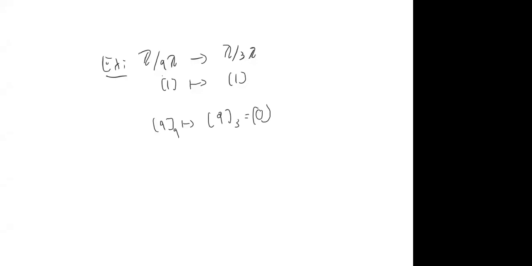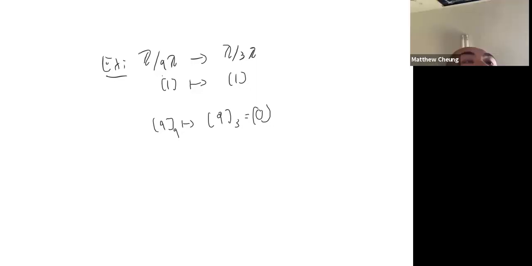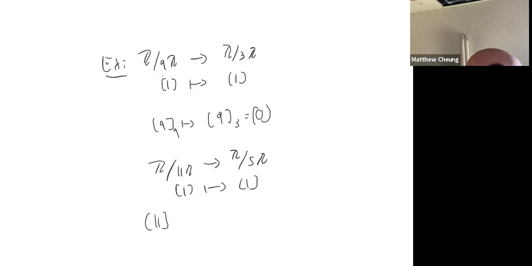Would the general rule then be if it's going from a smaller group to a bigger group, it's not a homomorphism? So no. Try this. 11 mod 11 gets mapped to 11 mod 5, but this is not 0, this is 1.